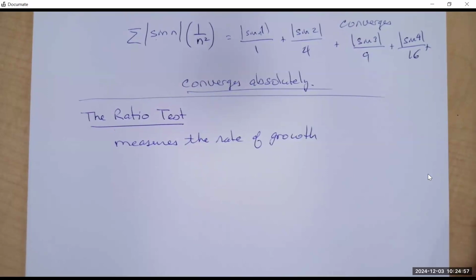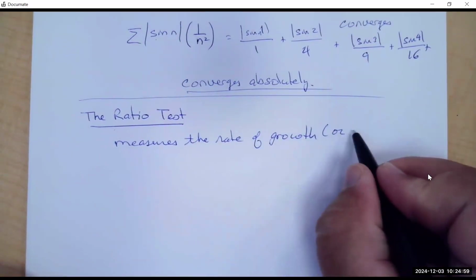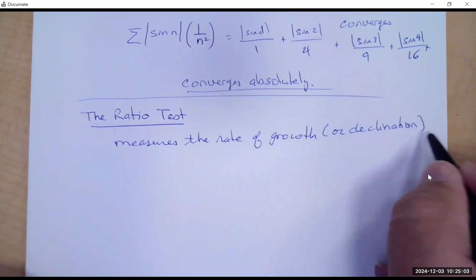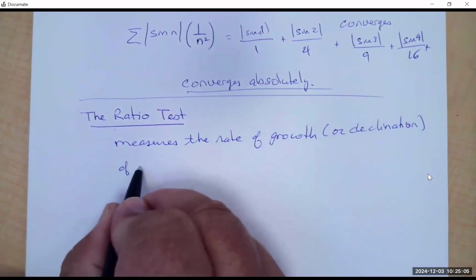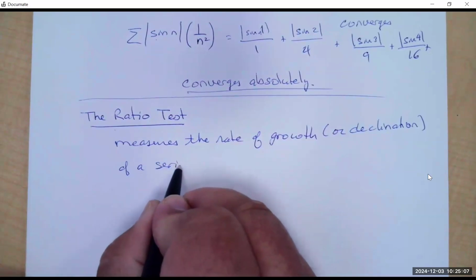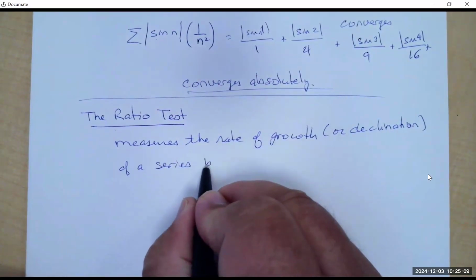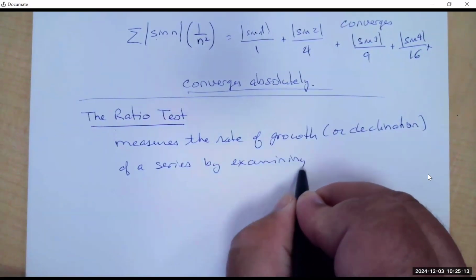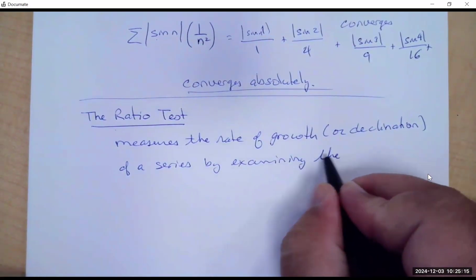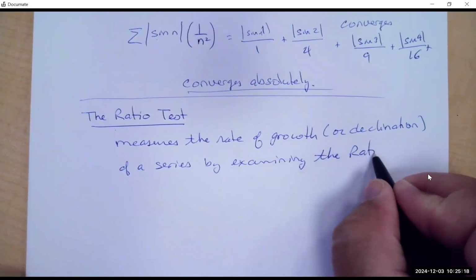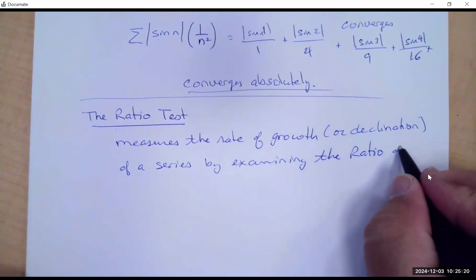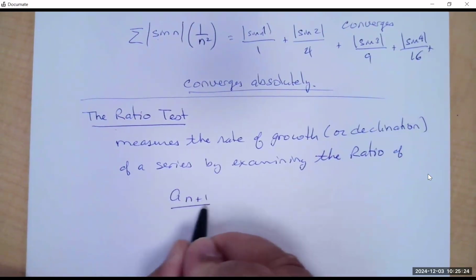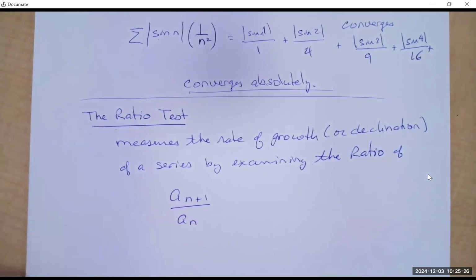No, because it can be positive or negative, or declination of a series. We do this by examining the ratio of a sub n plus 1 over a sub n.